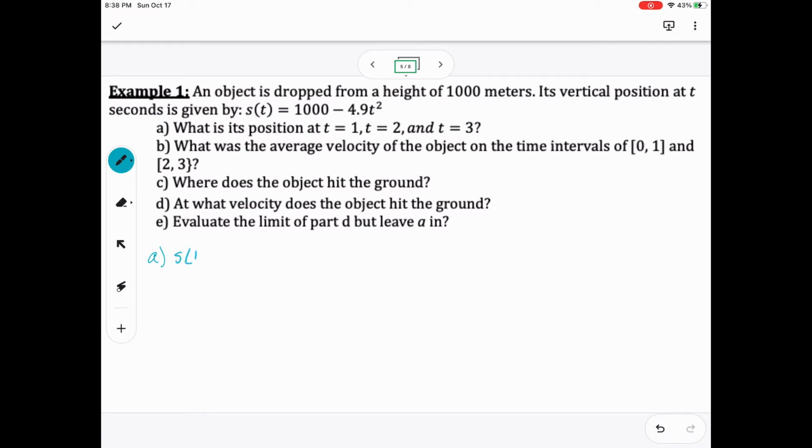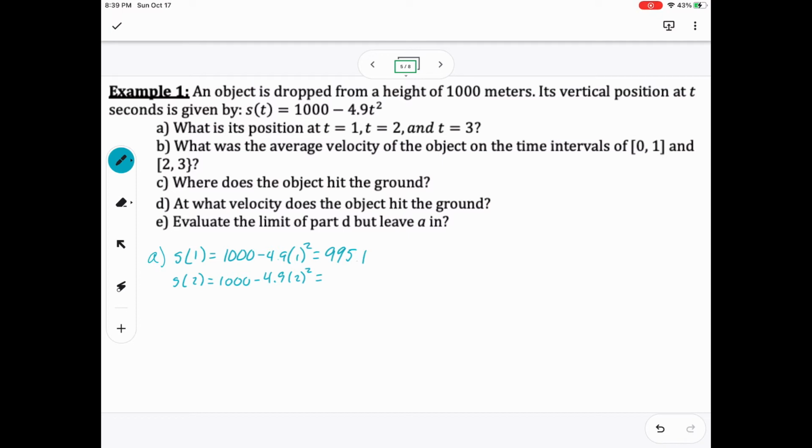Okay. So now let's actually apply this to a problem that you're going to see during your homework. So I have an object that's dropped 1,000 meters from up above. Then the position with respect to time is set up with that formula.